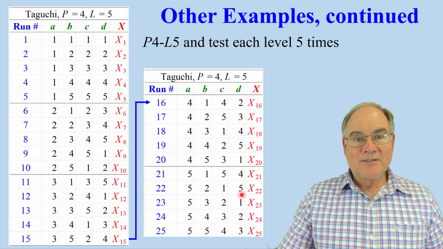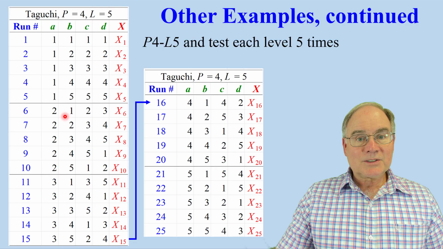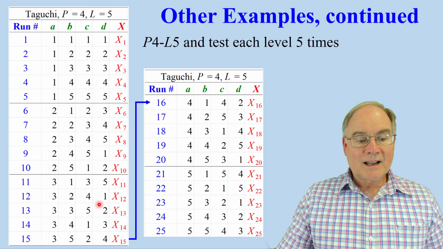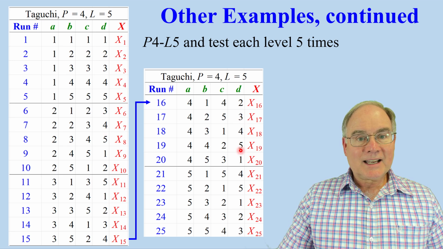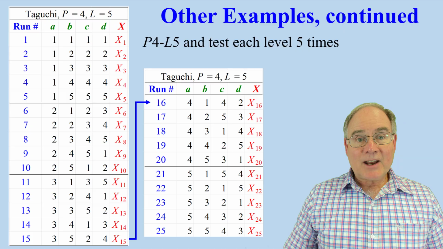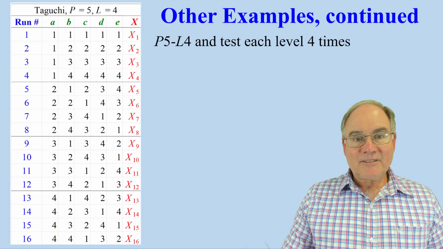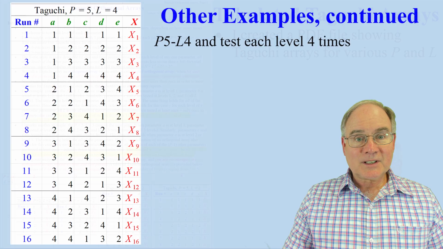Here's a 2 and a 5, but you don't see a 2 and a 5 anywhere else in this whole array. And notice that when B is 2, D is 2, 4, 1, 3, and 5. Every one of the D levels appears once when B is 2, and that holds for any other combination of parameters. And finally, here's P5L4, testing 4 times.